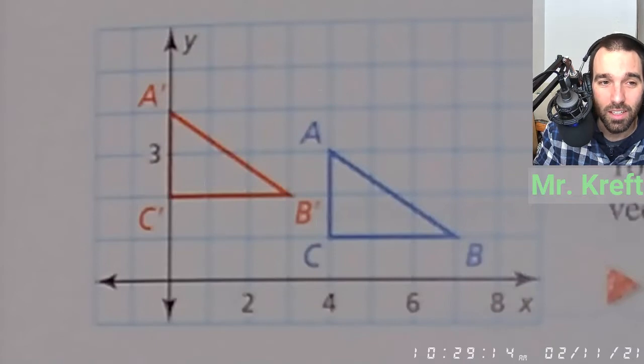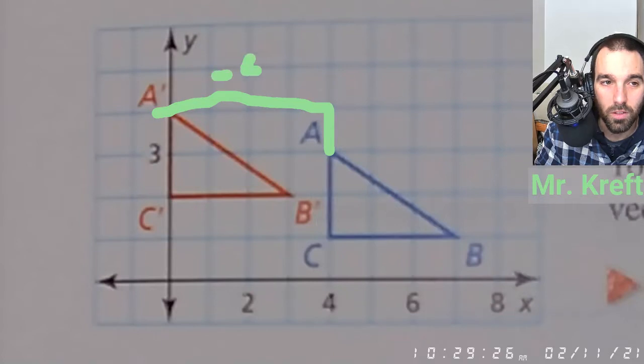So take a look at the original A. To get from the original A to the new A, I'm going up 1 and left 1, 2, 3, 4. Do you guys see that? So to get from my original A to my A prime, I went up 1, left 4.